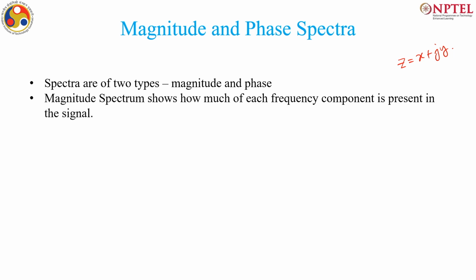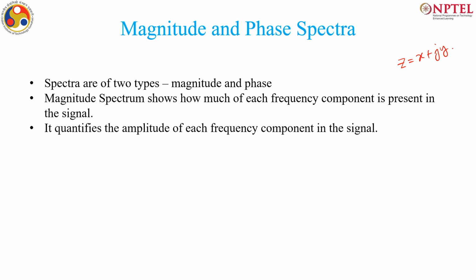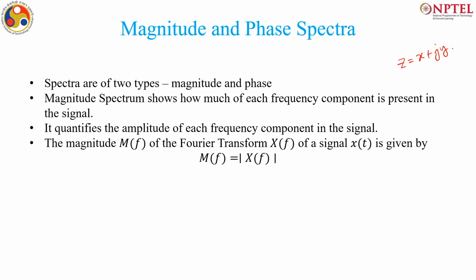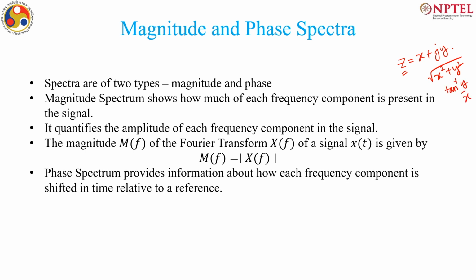The magnitude spectrum shows how much each frequency component is present. So, this is how you get the magnitude spectra, just by taking the magnitude. If z is your complex number, then your magnitude is obtained by square root of x square plus y square, and your phase is obtained by tan inverse y by x, which is the phase spectrum.